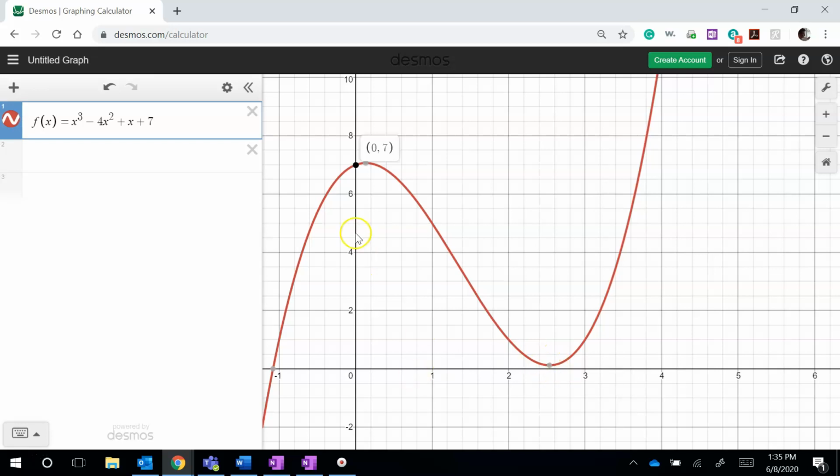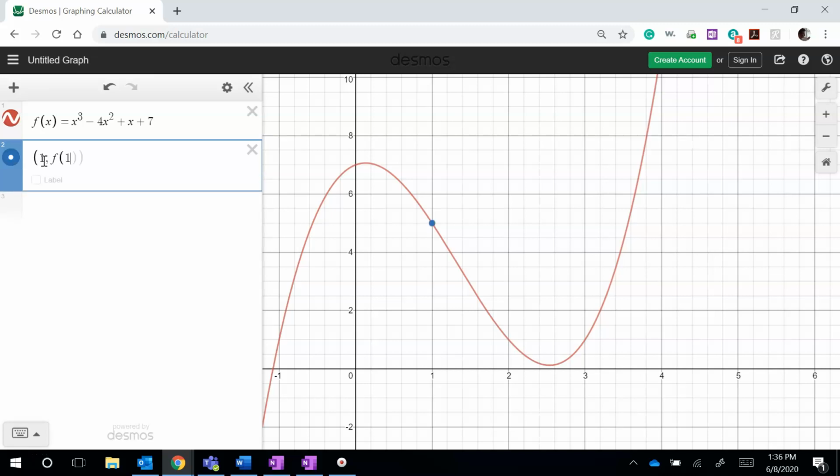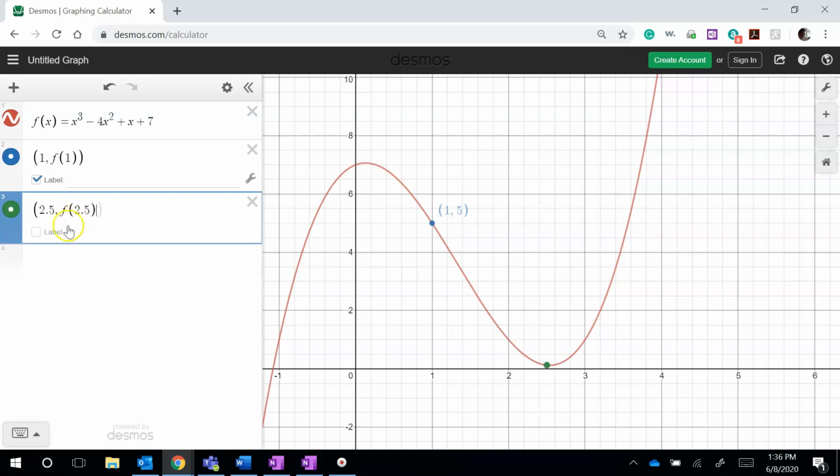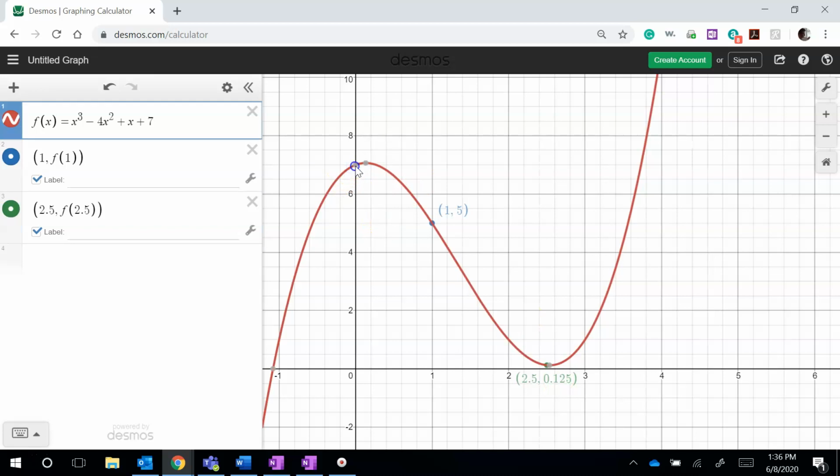But what we want to do is figure out, I have the points on there. Let's do 1 comma f of 1, show that label. This is the point 1 comma 5. The bottom point is 2.5 comma f of 2.5. Again, show that label. That's right where we had it before. And again, my vertex, we've got that set.